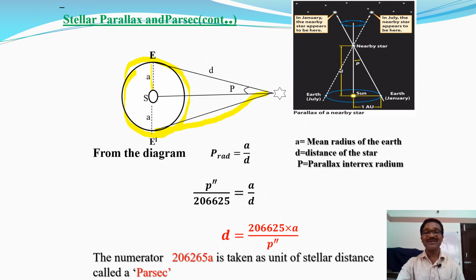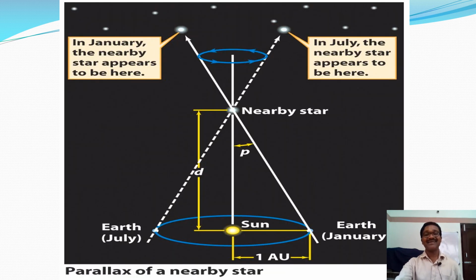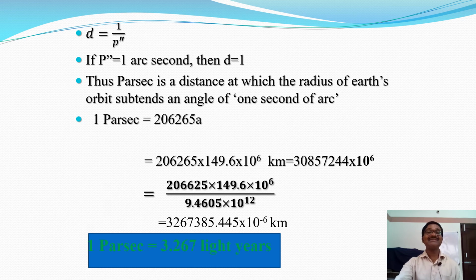As I said, parsec is the distance, parallax is the angle. Therefore, if the angle made at the star by the Earth's orbit radius is equal to 1 arc second, then d is equal to 1.